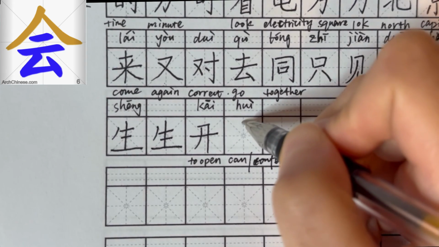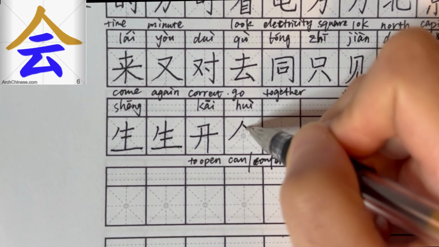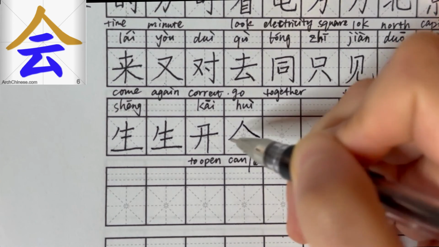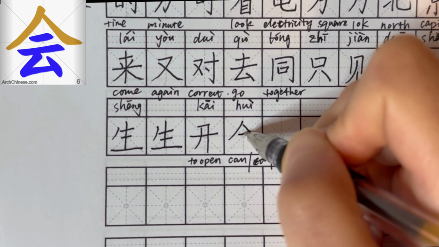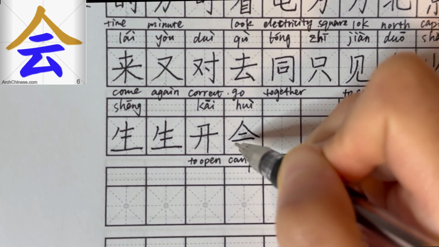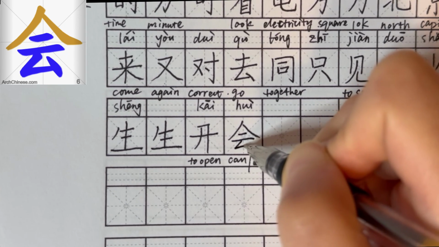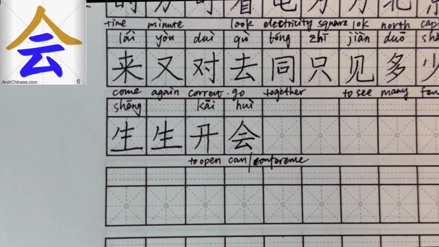First stroke 撇. Make sure these two strokes are balanced. Okay, 横横撇折点. How beautiful is this character?